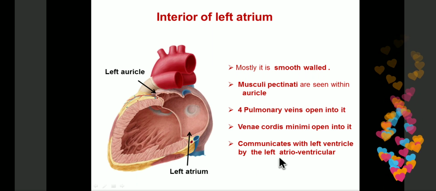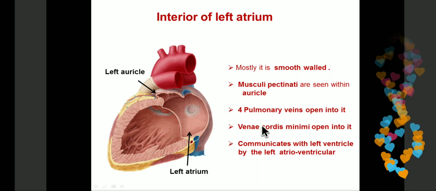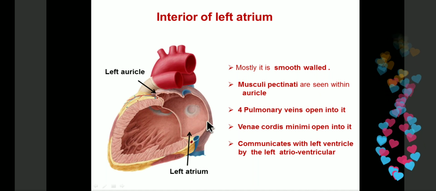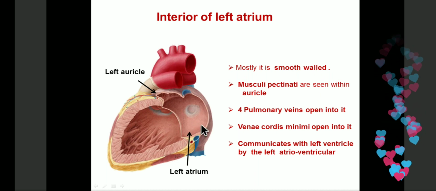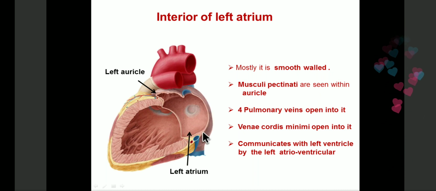So three types of openings: four pulmonary veins, venae cordis minimae, small dot-like openings you can see in the wall of the left atrium, which are draining the venous blood from the wall of the left atrium. And then the blood ultimately goes into the left ventricle.